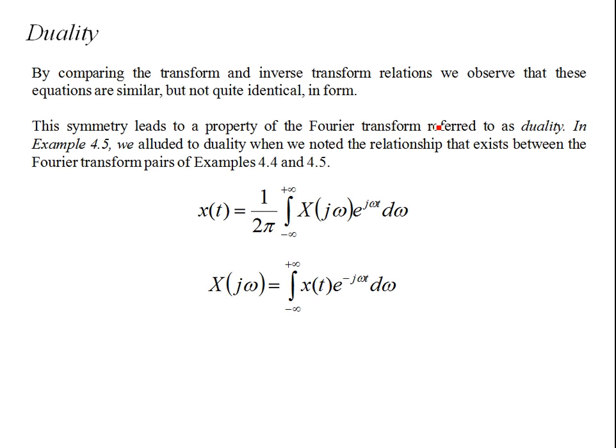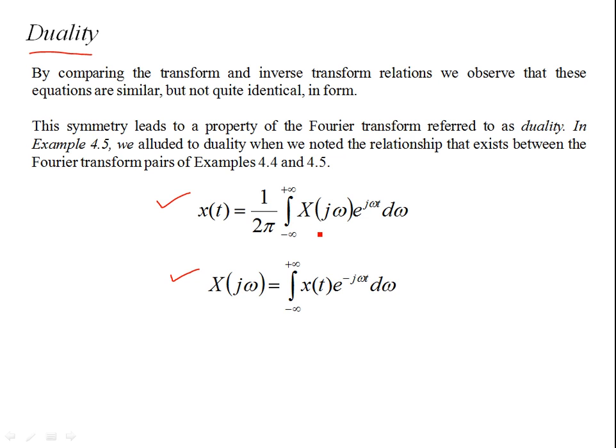Now another very important property of the Fourier transform pair is duality, and this is a consequence of the symmetry between the Fourier inverse integral and the Fourier forward integral. They are not exactly identical, but you must notice some symmetry in these relations.